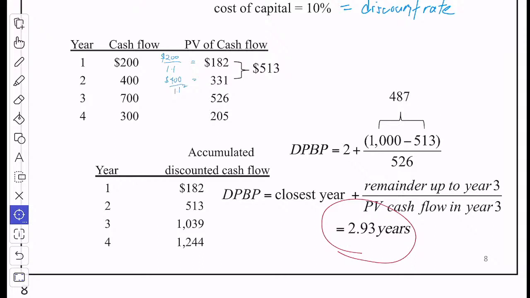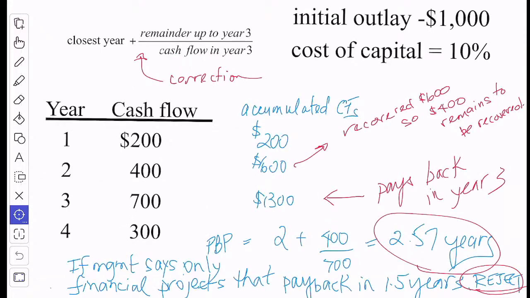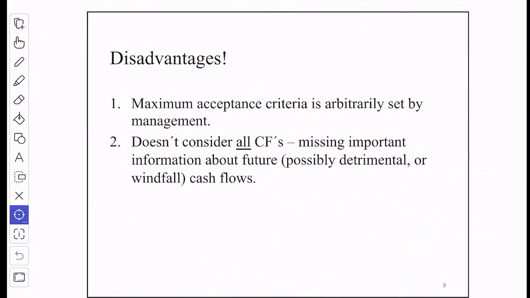So what we have with the payback period or the discounted payback period is another approach, another consideration when evaluating a project. Decision makers may or may not use it.